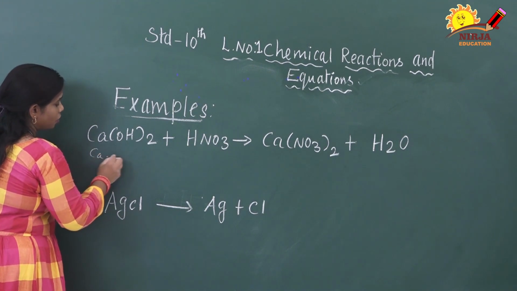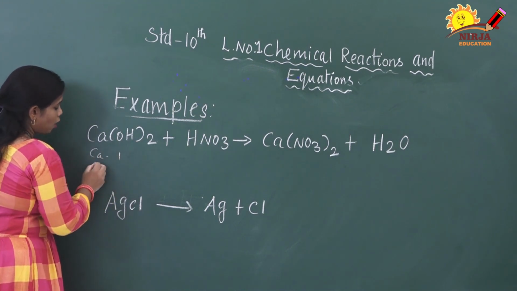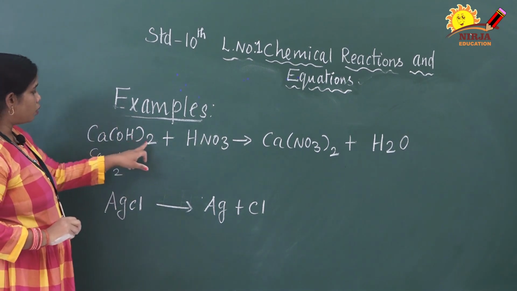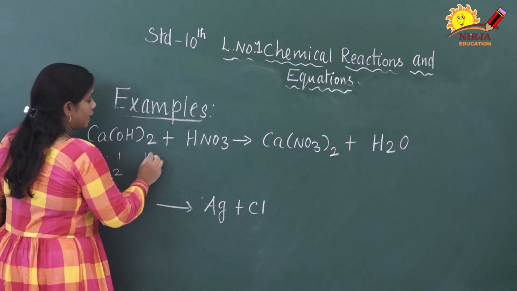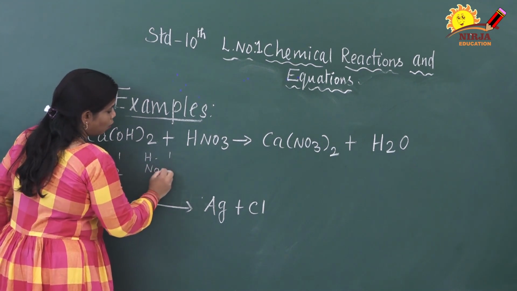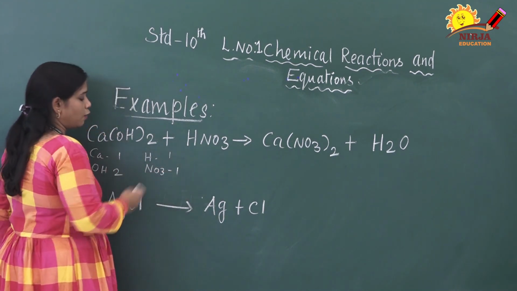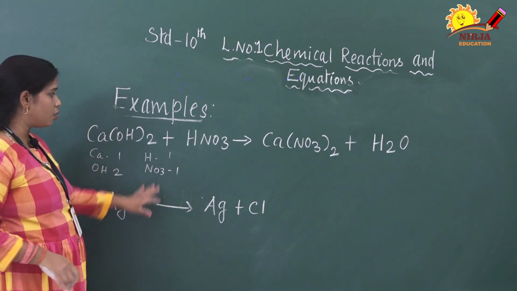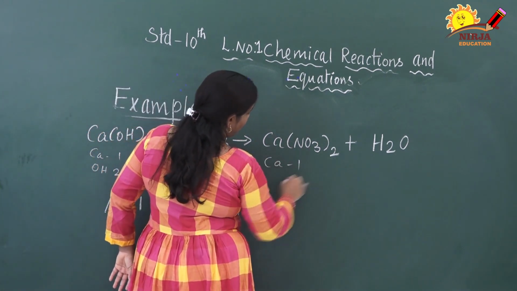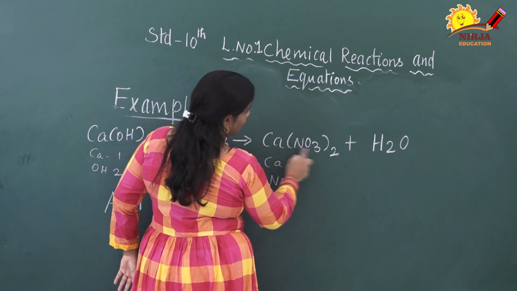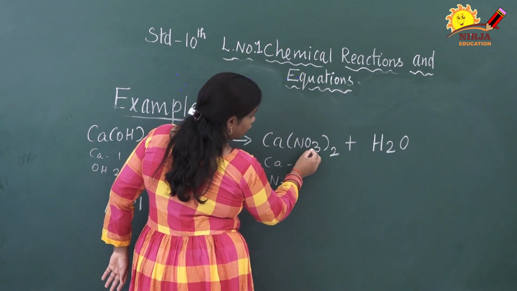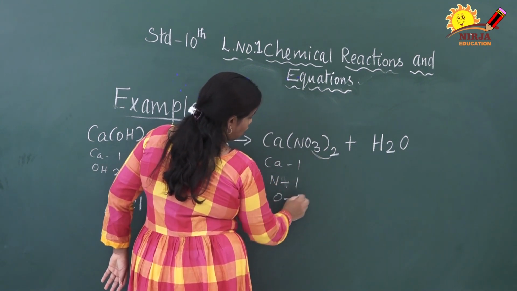Calcium is how much? 1. Hydroxide is 2. Whole squared, so 2. Nitric acid is, H is 1, NO3 is 1 only. If you separate nitrogen and oxygen also, you can write. Now if you see this product side, calcium is 1, but nitrate, if you write 1, oxygen, 3 2s are 6 oxygen is there.